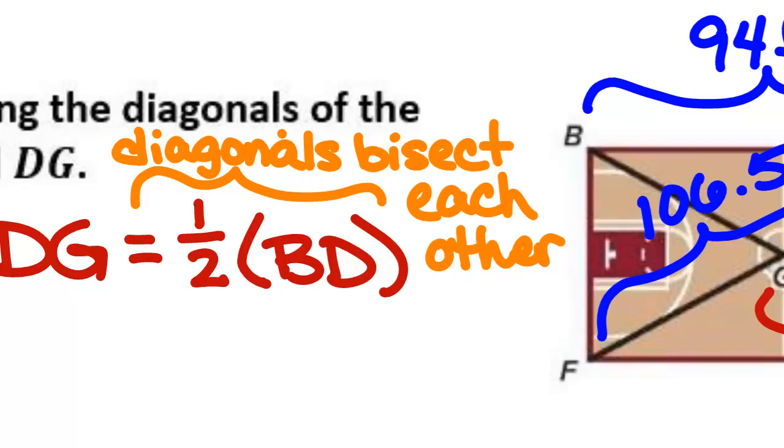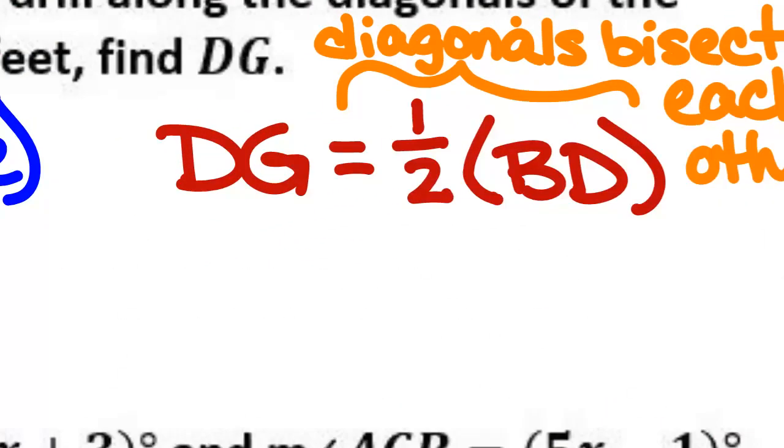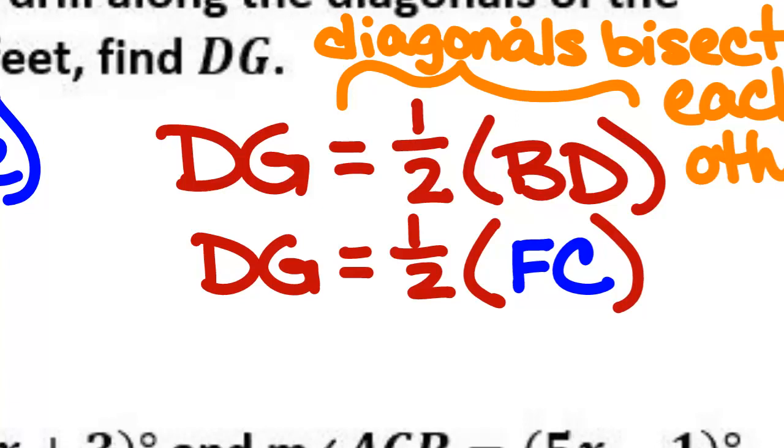Diagonal BD is exactly the same size as what? FC. DG is equal to half of, and then we're going to do a substitution here. We're going to put FC in the place of BD because they are the same exact size. And I want to make that replacement because I know how big FC is.